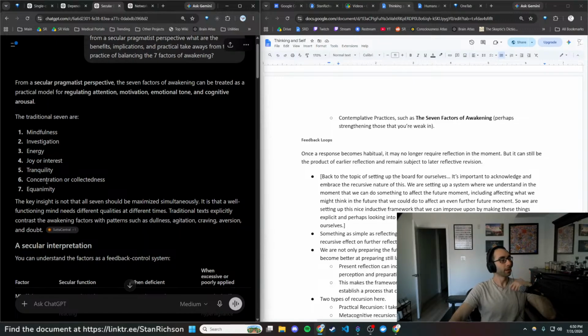Okay. Concentration, collectedness. I think this is solved by the Vyvanse. We're chilling. Energy, we're doing pretty well. I think the only thing that starts attacking my energy is sleep or eating a ton of food. Joy and interest, also we're fine with that due to the Vyvanse.